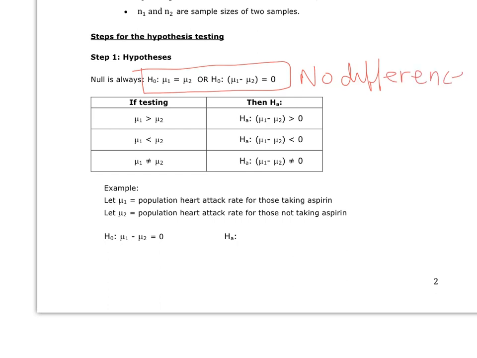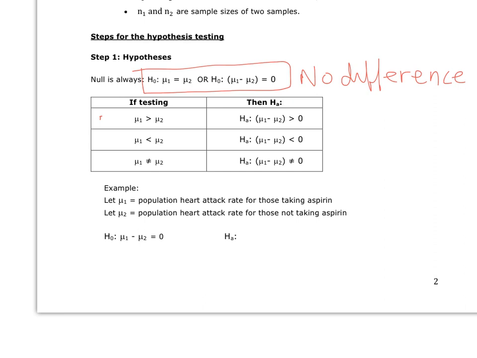And then the alternate is going to be that there is a difference, and then we can specify what kind of difference. If the first mean is greater than the second mean, like we have in this first line, then if we take the difference between those two, the difference is going to be greater than 0.